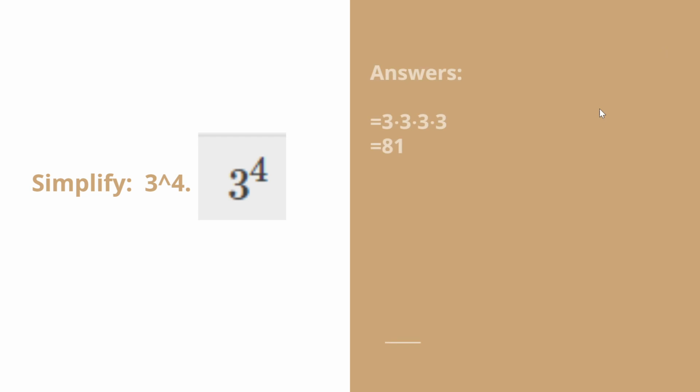Okay, it's 3 times 3 times 3 times 3, which is 4 factors, and it's equal to 81. If you don't know how the 81 counts, it's like 3 times 3 is 9, 9 times 3 is 27, 27 times 3 equals 81, or 3 times 3 is 9, and 3 times 3 is 9, so 9 times 9 is 81.